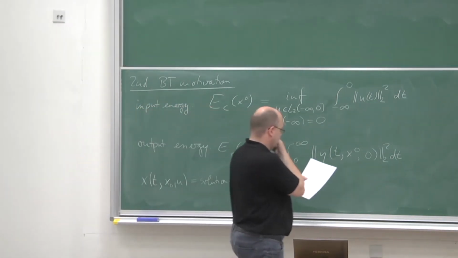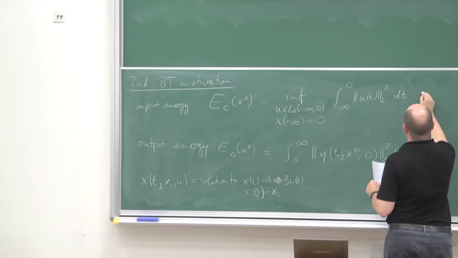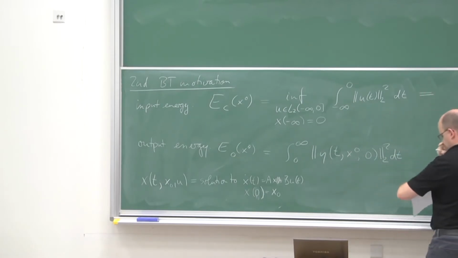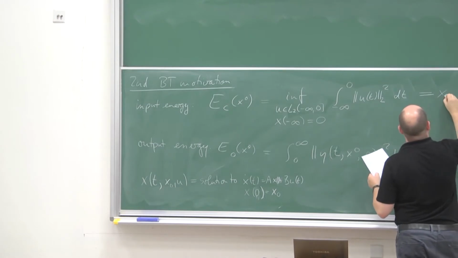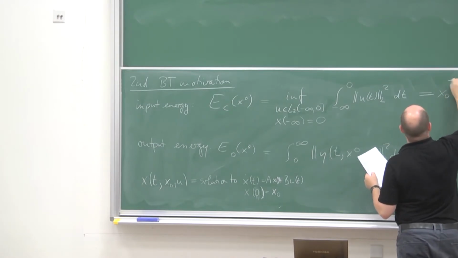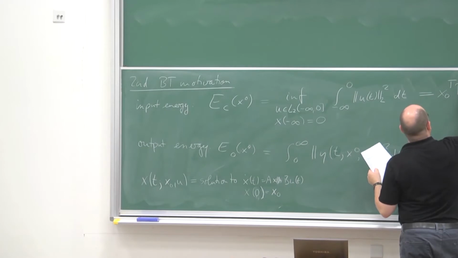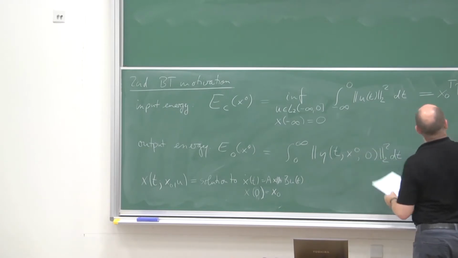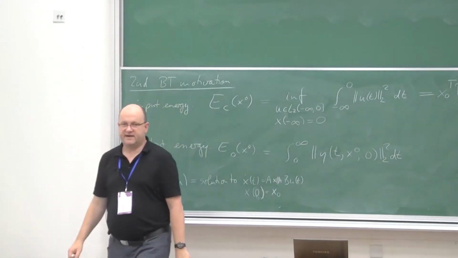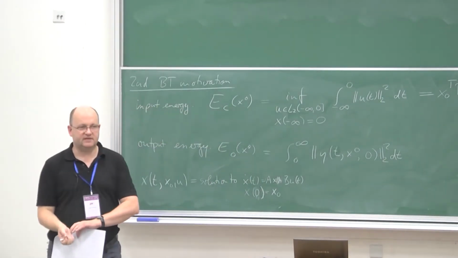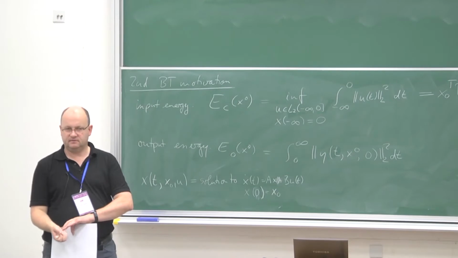Now, what you can show is that this is nothing but x0 transpose P plus x0. P plus is the Moore-Penrose inverse of the controllability Gramian or reachability Gramian.